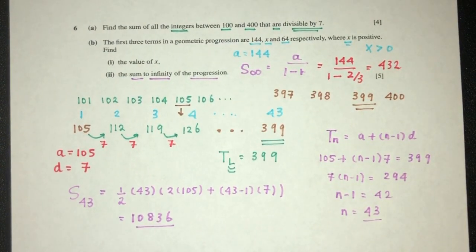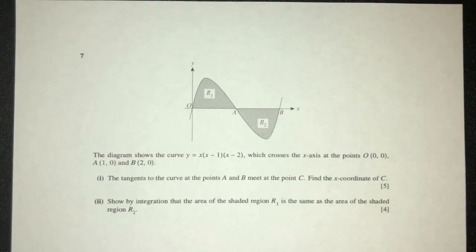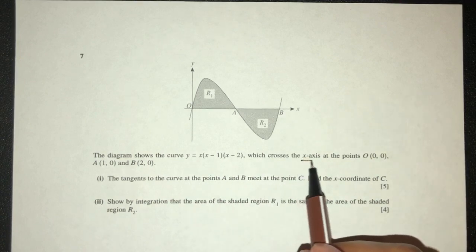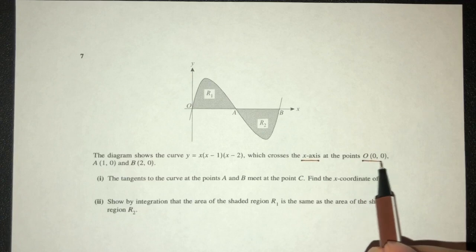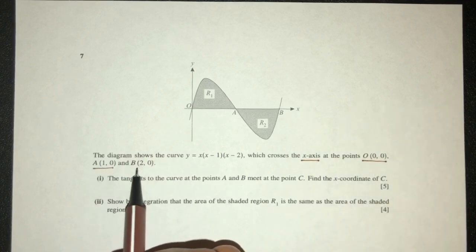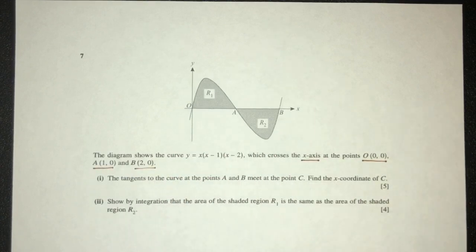This is a question in relation to series. Now let's move on to question number 7. The diagram shows the curve y equals this, which crosses the x-axis at the points O, A, and B, as shown in this diagram.